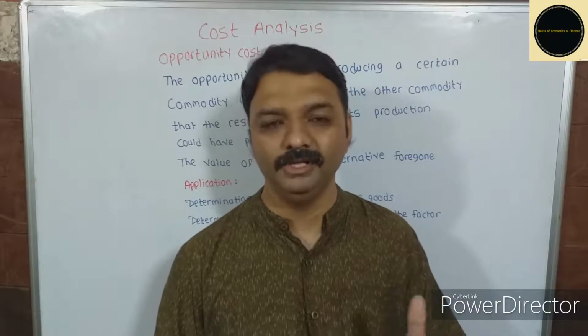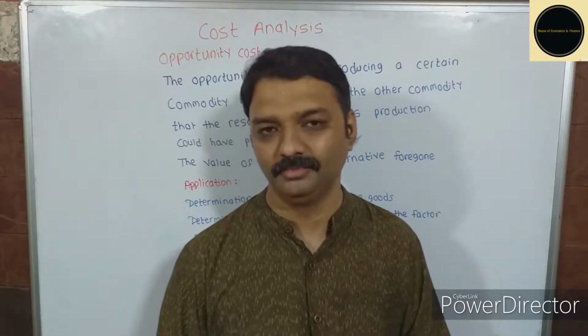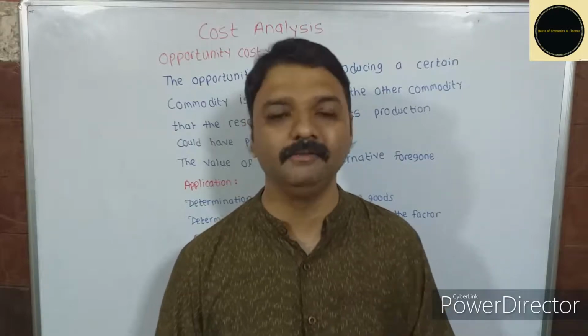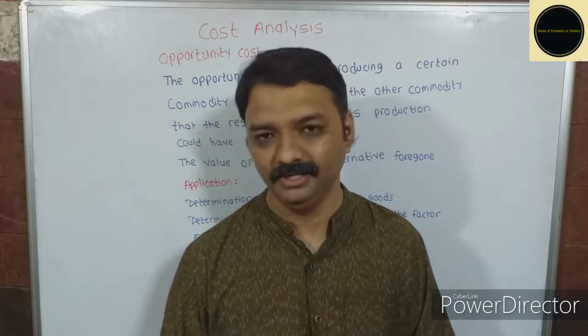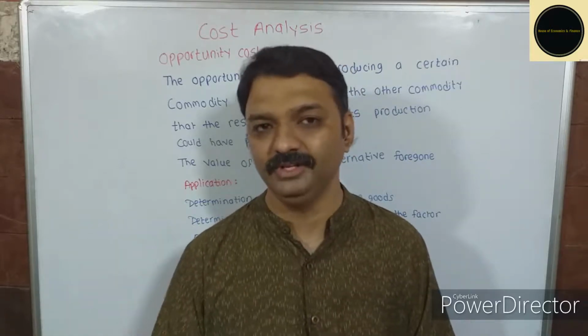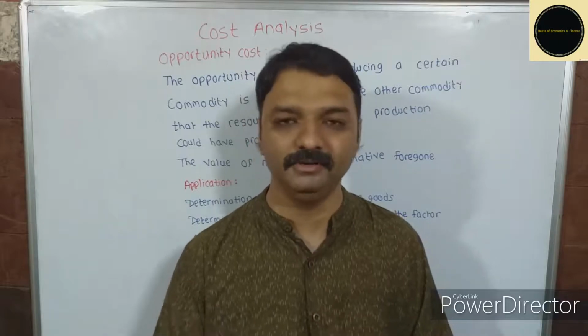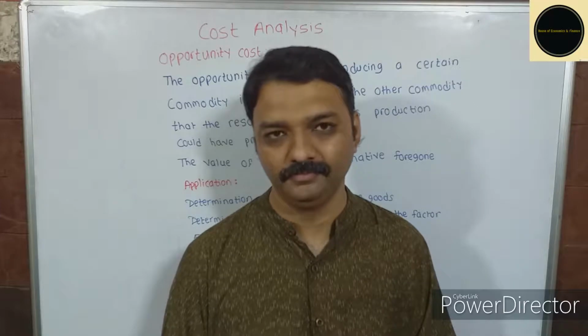Here, when the job offer was not there, the manager was happy to work in a bank. So the salary was 40,000 rupees. But the next best alternative here is to work in a college at a salary of 60,000 rupees. So naturally he will join the college because he will have higher income there.